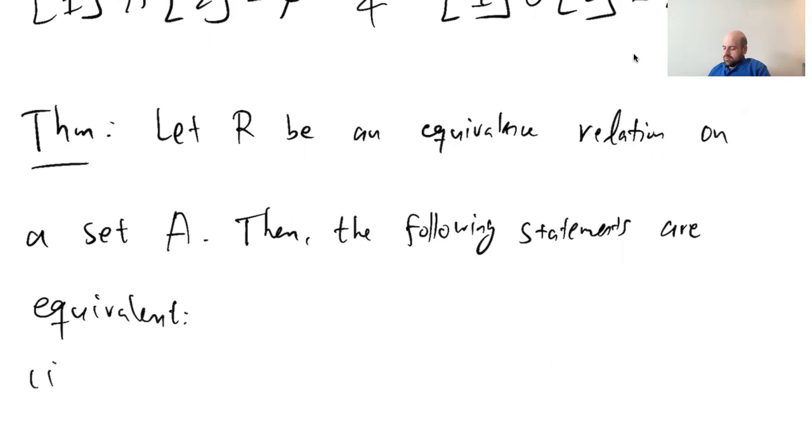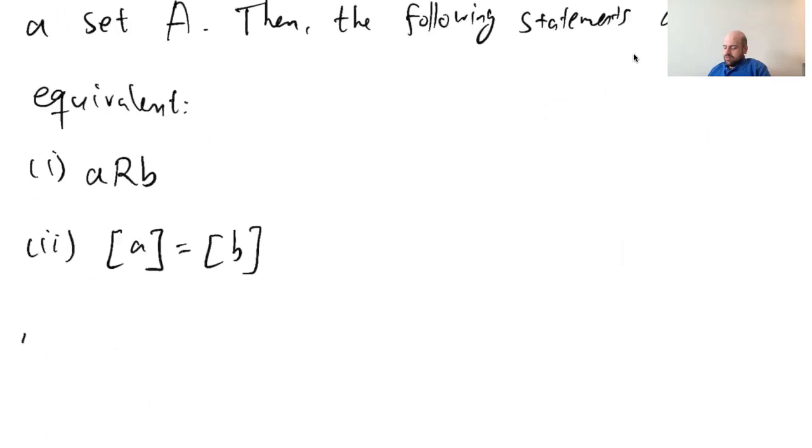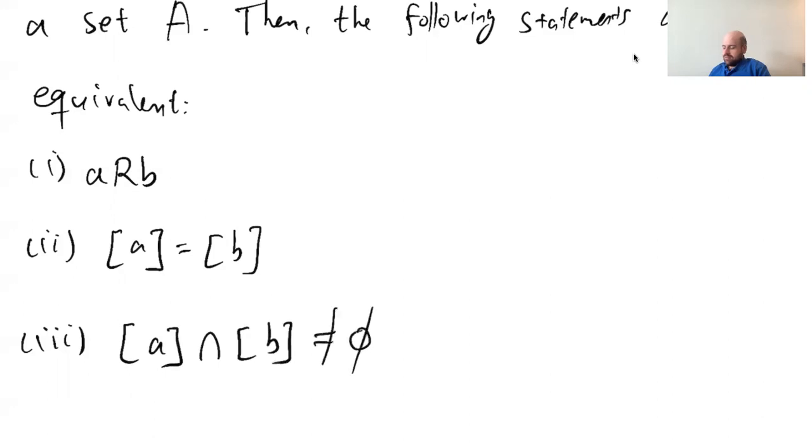The first one, A is in relation with B. Second one, the equivalence class of A is equal to the equivalence class of B. And the third condition, the intersection of the equivalence class of A and the equivalence class of B is not equal to the empty set.